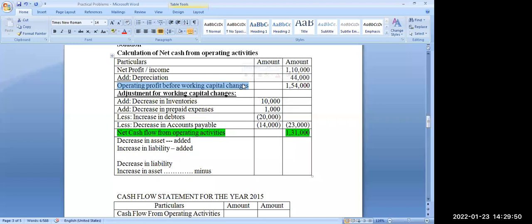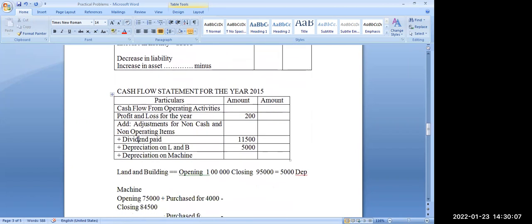The current assets and current liabilities will be taken to calculate the net cash flow from operating activities. The remaining non-current assets and non-current liabilities will come directly into the cash flow statement.